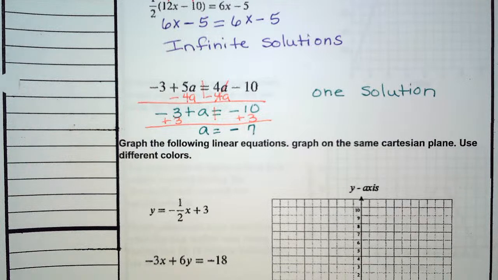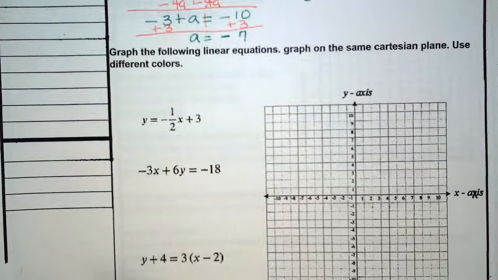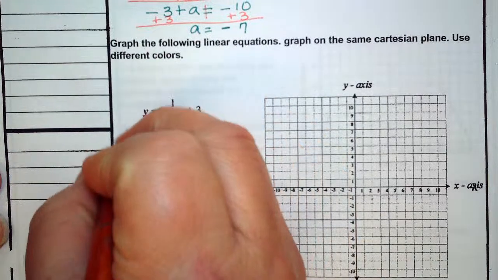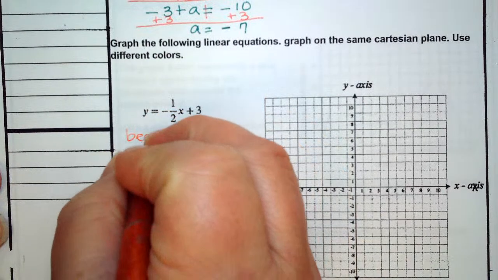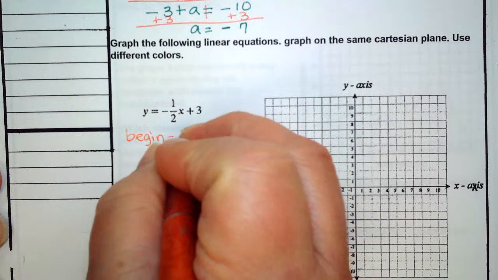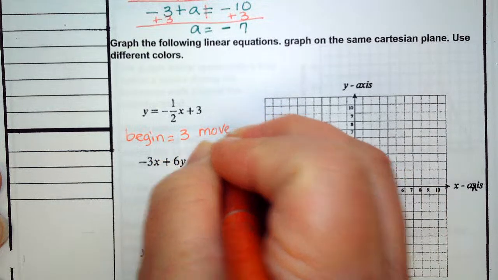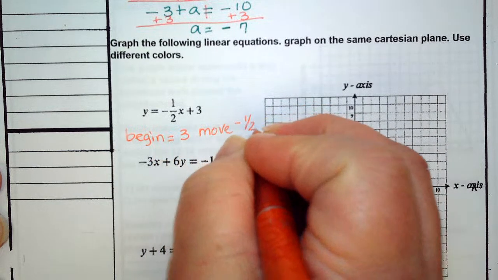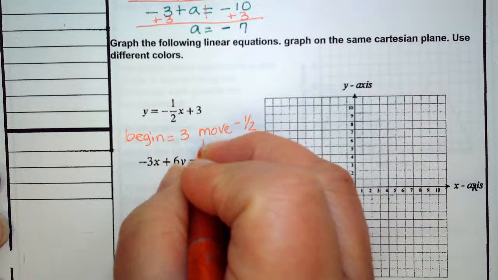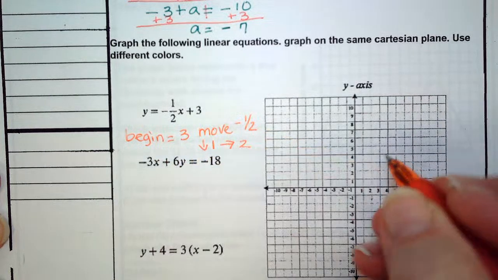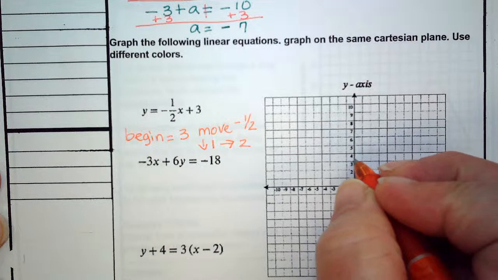That's the good old y-intercept form. Where do I begin? If you said at 3, you would be correct. How do I move? Negative 1/2, which is down 1 and right 2. So I start at 3.